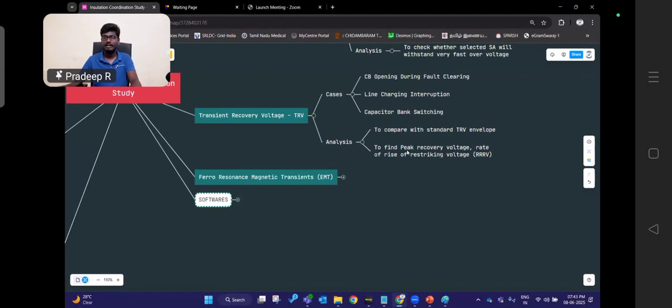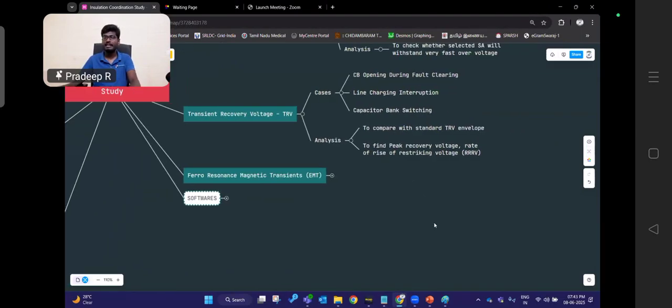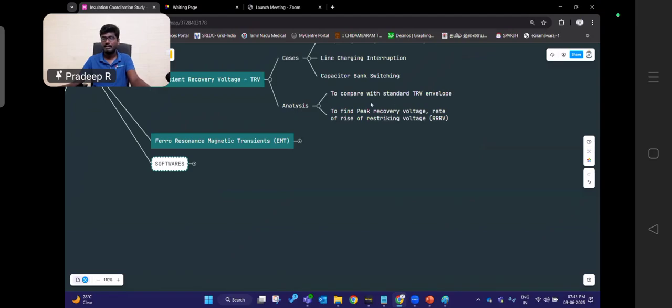Then capacitor bank switching. This will come under both SFO as well as TRV. In TRV, it will be when the capacitor bank is switched near to the generator. Right? When it is switched near to my source. At that time, we can see the TRV; the same case we can perform for TRV also. Here what we will analyze and observe is to compare with the TRV envelope.